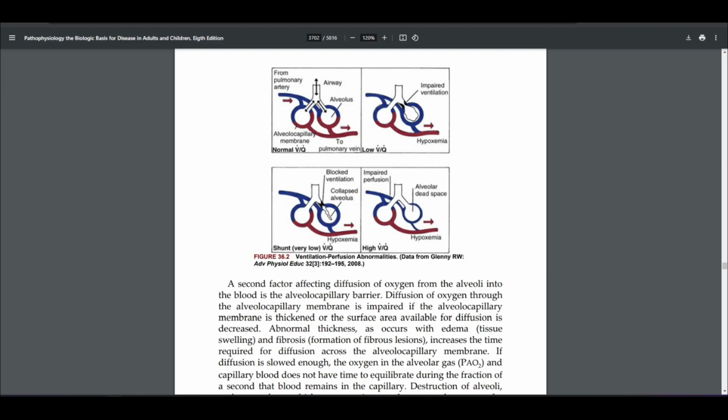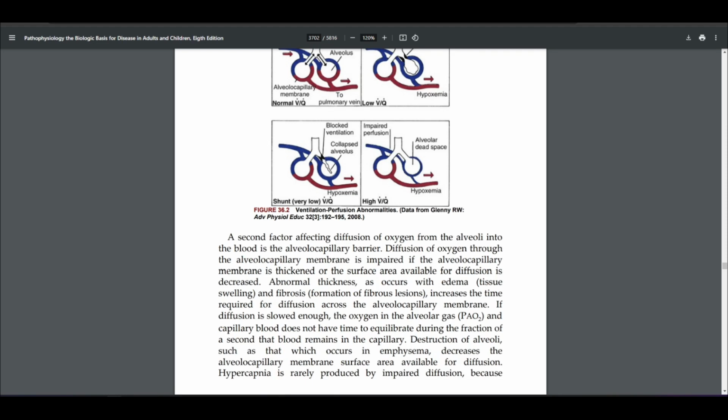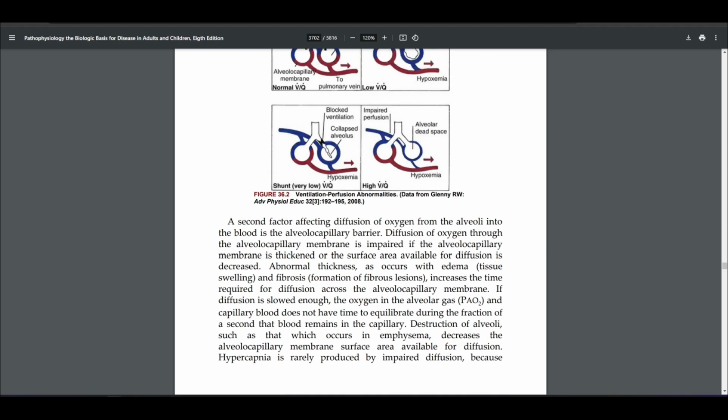A second factor affecting diffusion of oxygen from the alveoli into the blood is the alveolar capillary barrier. Diffusion of oxygen through the alveolar capillary membrane is impaired if the alveolar capillary membrane is thickened or the surface area available for diffusion is decreased.